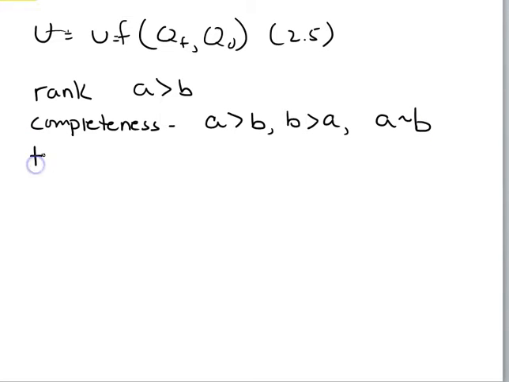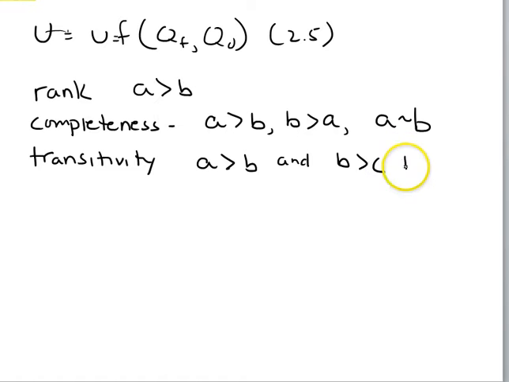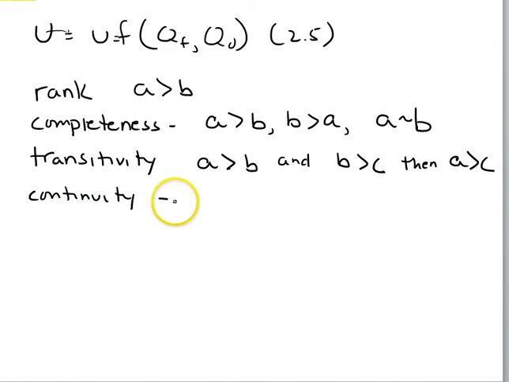There's a third axiom of preference called transitivity, and I can say that if I prefer A to B and I prefer B to C, then I must prefer A to C. Also, I have an axiom of continuity, meaning that I have closed sets.